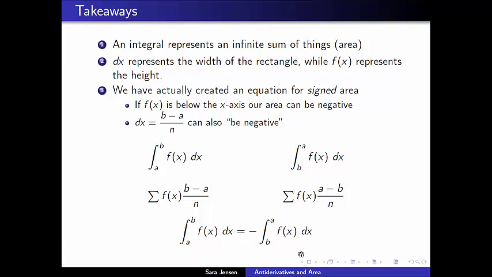The reason that this rule exists is because of this definition. The dx in the left-hand side integral needs to be multiplied by a negative 1 to turn into the dx of the right-hand side definite integral, and that's the reason for this relationship.